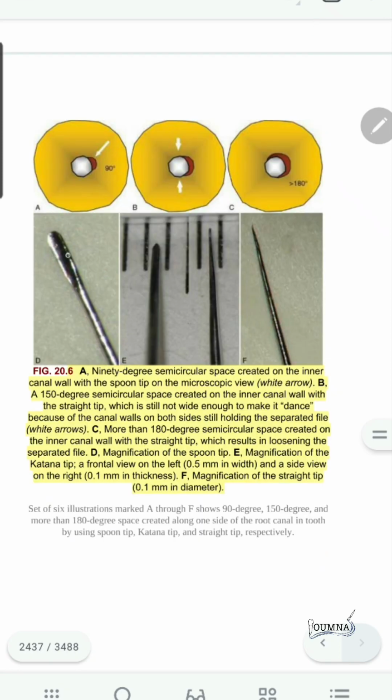This is the spoon tip that we use first for a 90-degree preparation. Then we use a straight tip to do a 180-degree preparation. If the 90 degree preparation only is not sufficient, we can see in these white arrows that the instrument is still stuck within the walls of the canal.